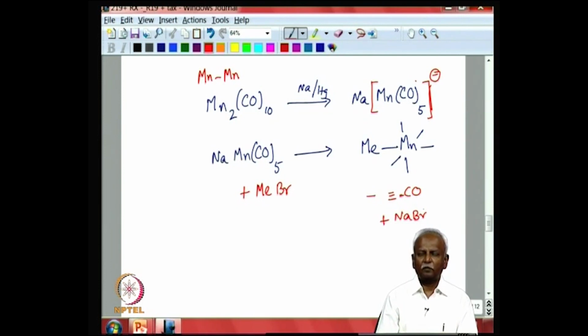So, this is a reaction which can be carried out if you have an anionic metal species. And it is not uncommon in organometallic chemistry to have anionic species, because the negative charge is in fact stabilized by the 5 carbon monoxides which are present on the manganese. They can accept electron density and stabilize the negative charge on the metal.